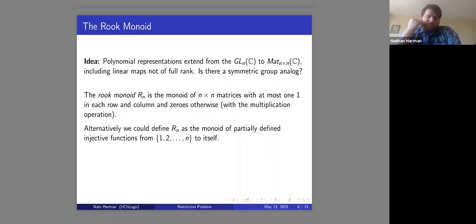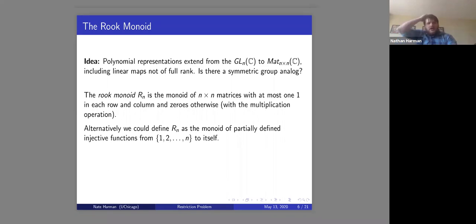That's why it's named that way. I like thinking of it in terms of this matrix explanation. So these are partial permutation matrices, and the operation is just ordinary matrix multiplication, and the condition of at most one in each row and column is preserved by multiplying these, just like it is for permutation matrices.